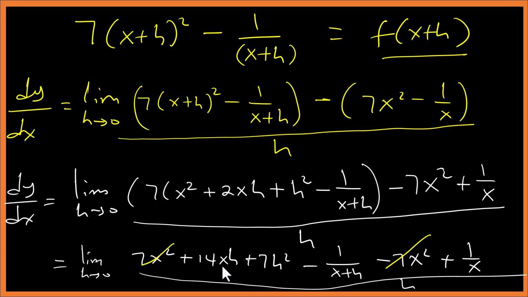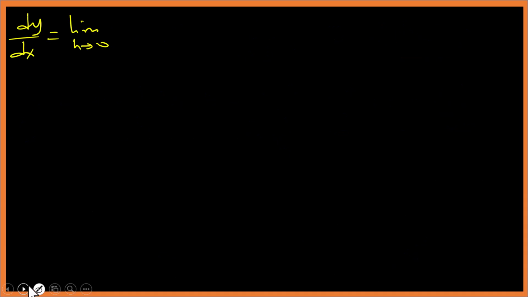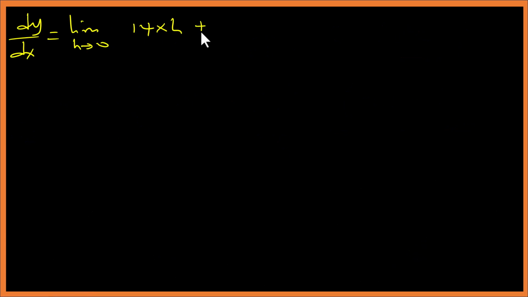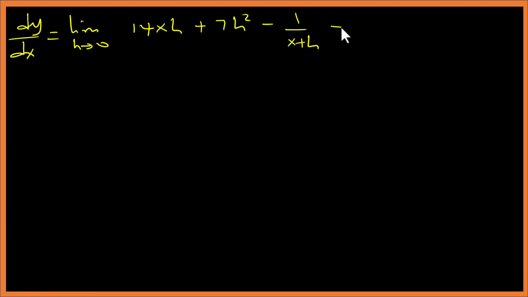So I will leave it: 14xh plus 7h squared, minus 1 on x plus h, plus 1 over x, all over h.